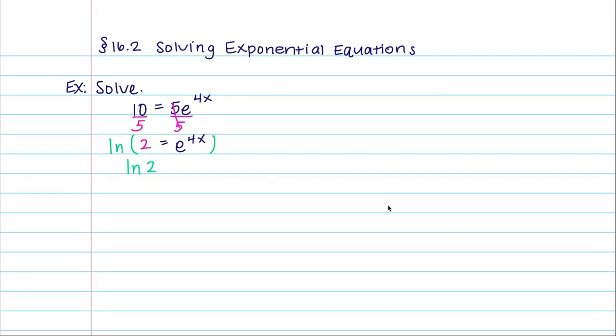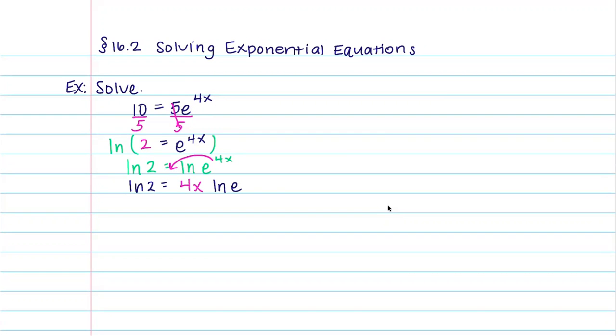So I have natural log of 2 equals natural log of e to the 4x. Now I can bring down this 4x in front. What I'm left with is natural log of 2 equals 4x times natural log of e.